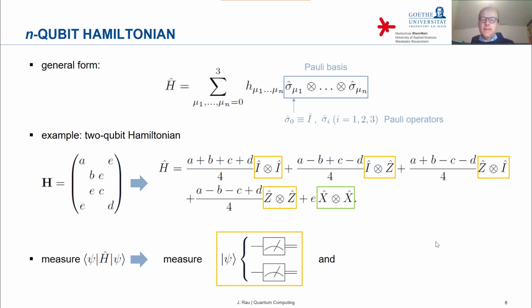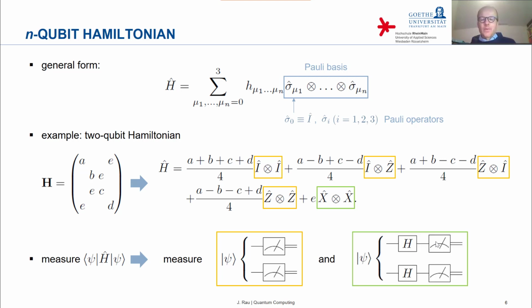The plus-minus basis is rotated from the standard basis by means of a Hadamard transformation. So if before applying a standard measurement device, we insert a Hadamard gate, then effectively we are rotating the measurement axis from the standard 0-1 basis to the plus-minus basis.